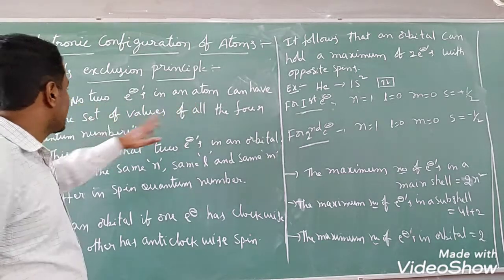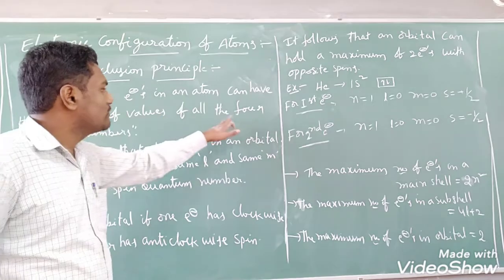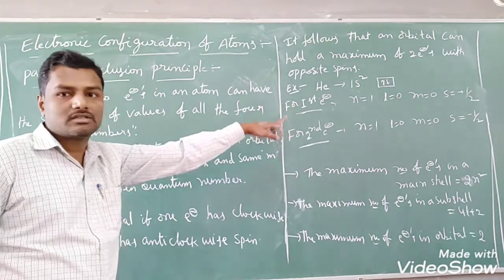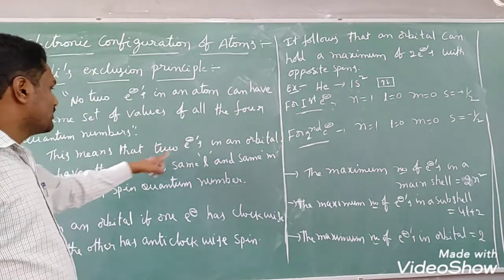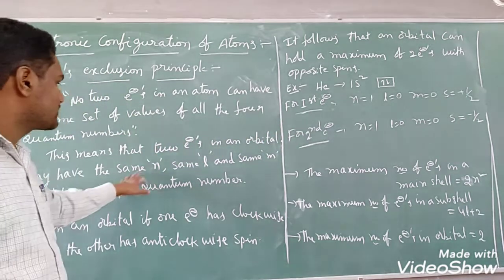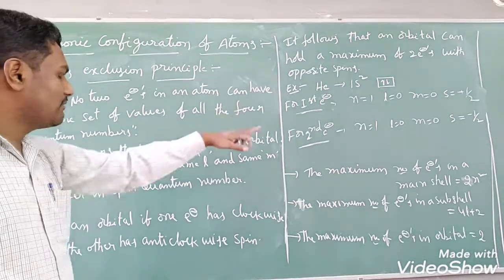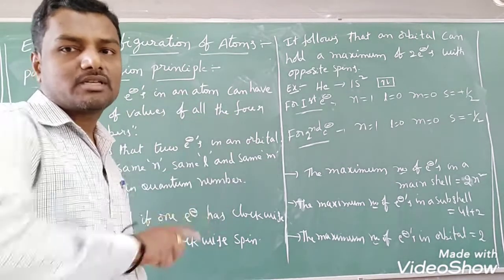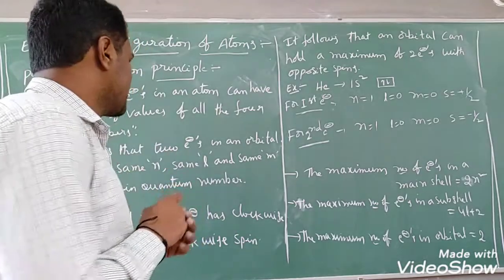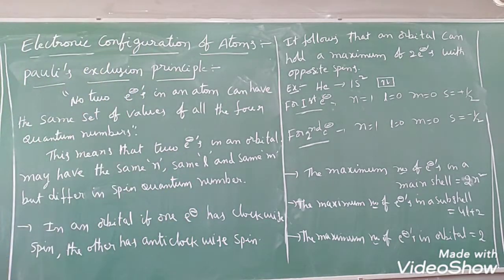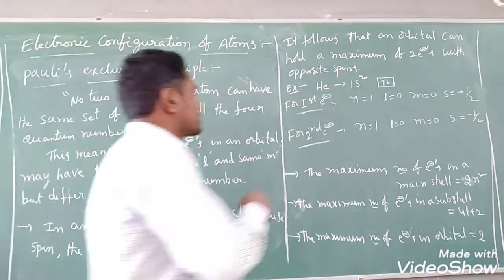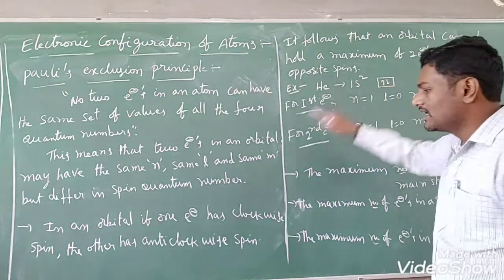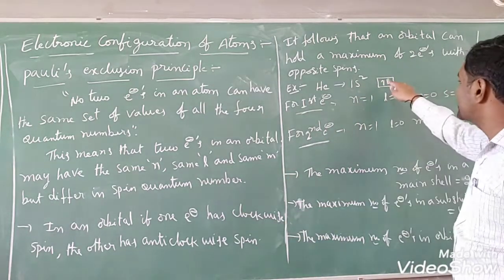So this is the meaning of Pauli's exclusion principle. No two electrons in an atom can have the same set of values of all the four quantum numbers. That means the two electrons in an orbital may have the same n, same l value, same m value, but they differ in spin quantum number, students. So in an orbital, if one electron spins clockwise, the other has anti-clockwise spin.